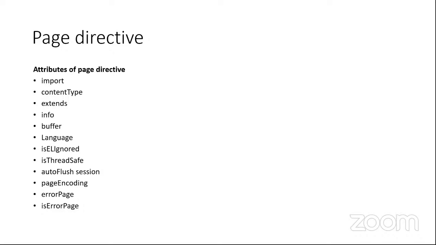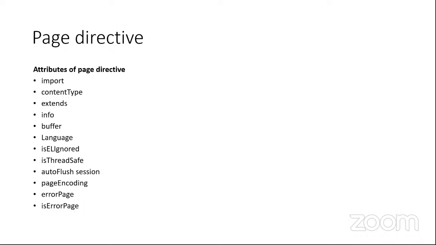And buffer is related to the IO part. Buffer is basically to store data temporarily. And language: of course there are different types of languages, but currently when we talk about JSP, what we are learning right now, I use language as Java.